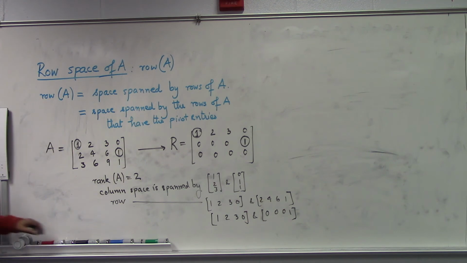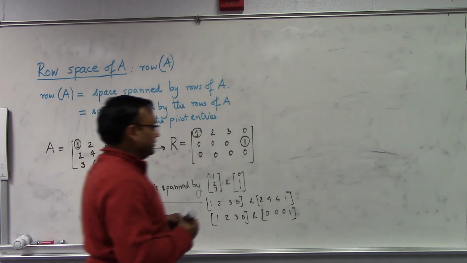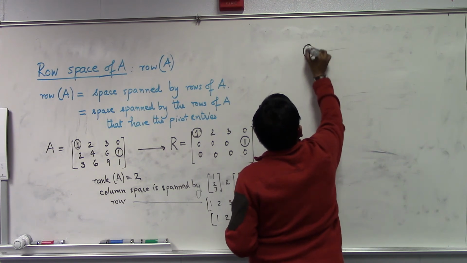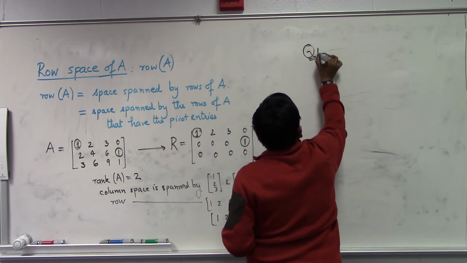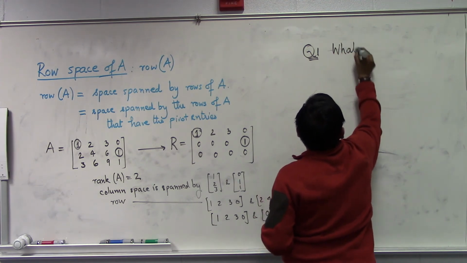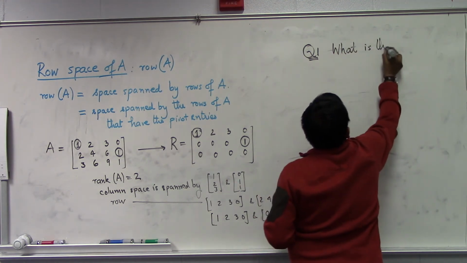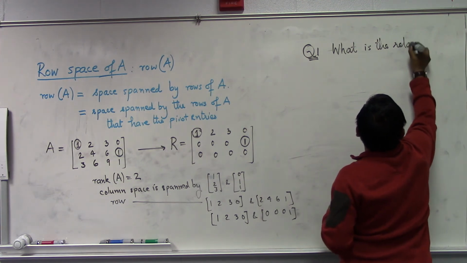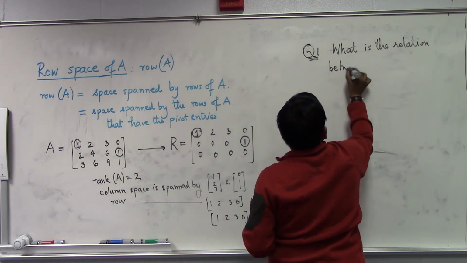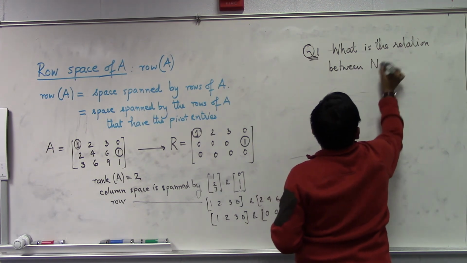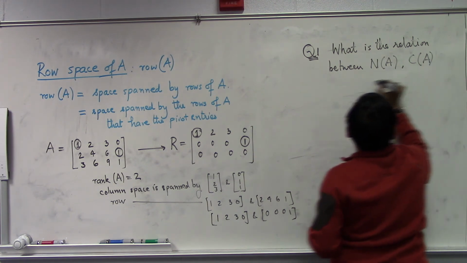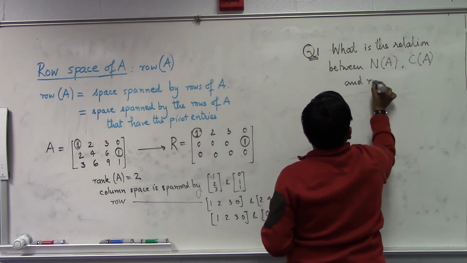There is one point I would like to end with. It is this question that we would like to answer: what is the relation between the null space of A, the column space of A and the row space of A?